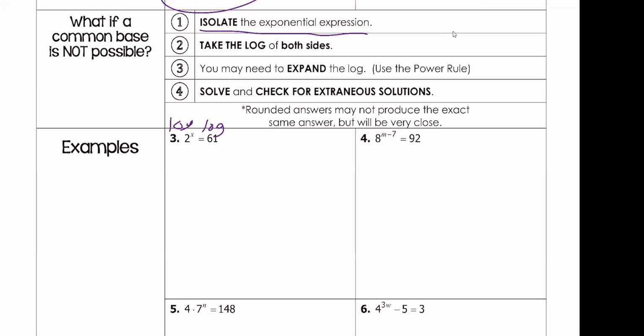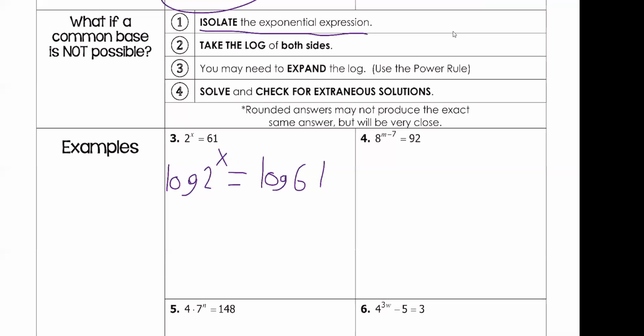So you basically have log of 2 to the x equals log of 61. Because we're doing it to both sides, that's a-okay. It's just like if you add 1 to both sides of an equation, you're doing the same thing to both sides, so we're not changing the problem.